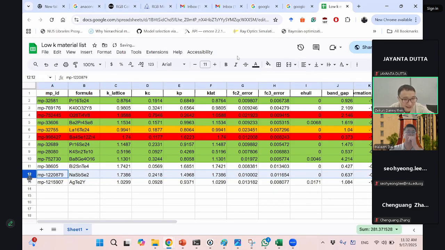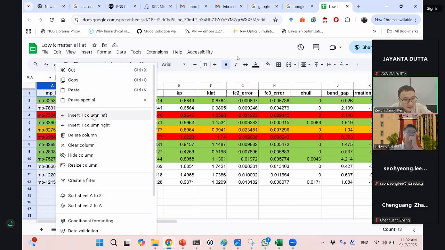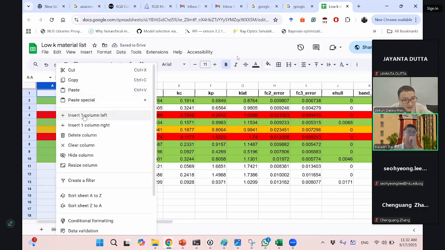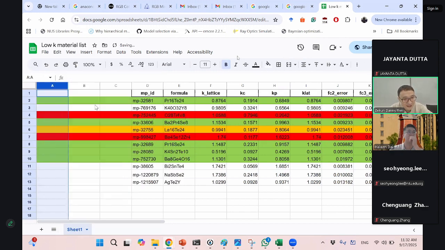Let's just add in 2 columns, pros and cons. Probably let's rank the things according to pros and cons and also the priority, so which one we want to prioritize.